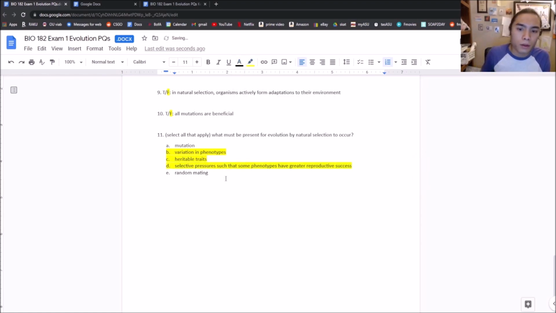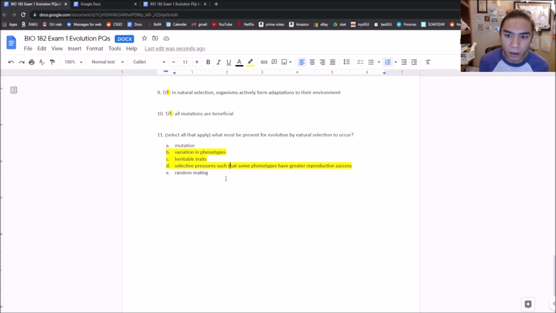Cool. So, let's think about that some more. If there weren't selective pressures, like if the environment was just safe for everyone, that would mean that, while there is variation in phenotypes, things look different, they're essentially the same favorability, like one isn't favored or disfavored over the other.